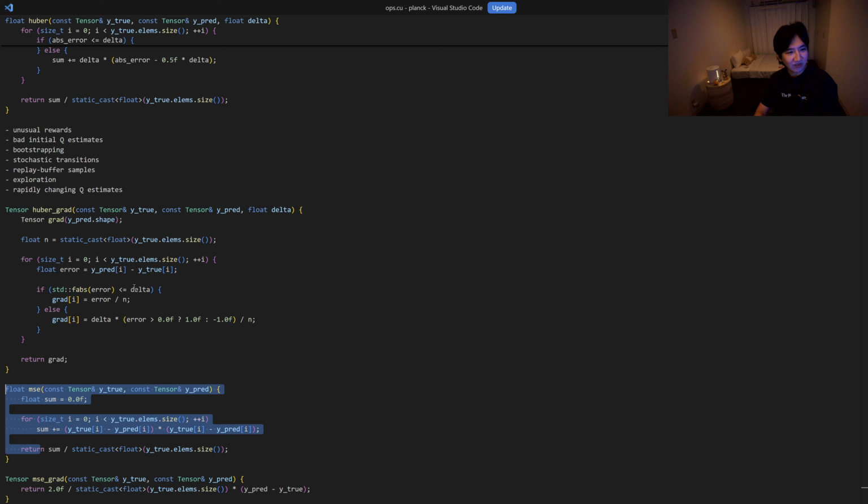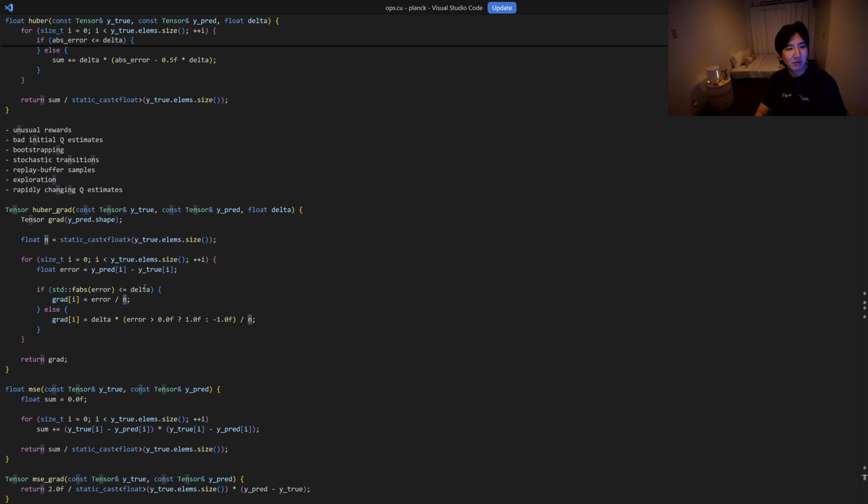In the gradients with Huber, if it's less than or equal to 1, we multiply by 1 over n, and n means number of elements. But with reinforcement learning, n means the batch size.